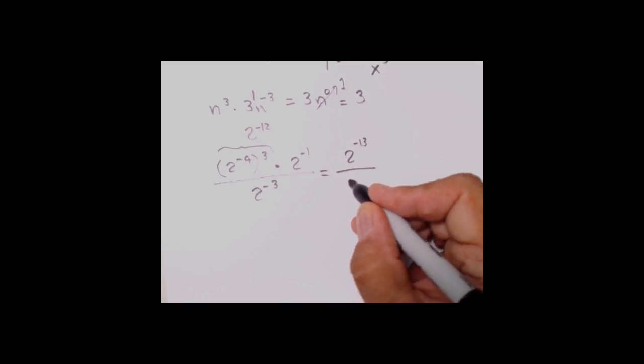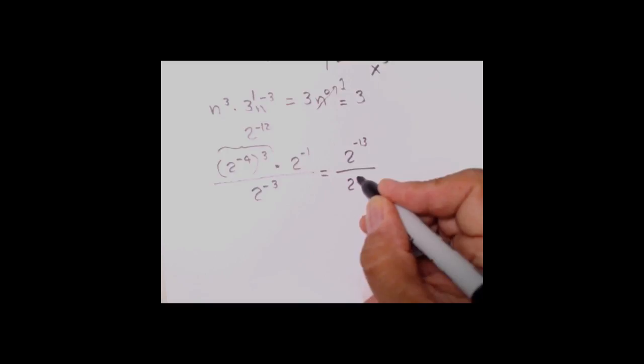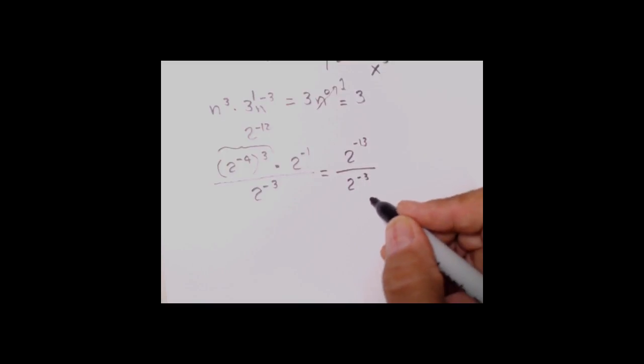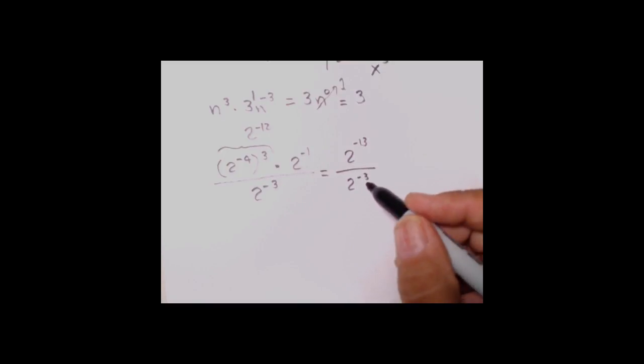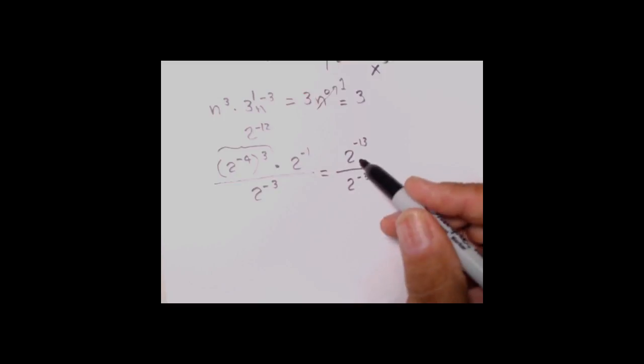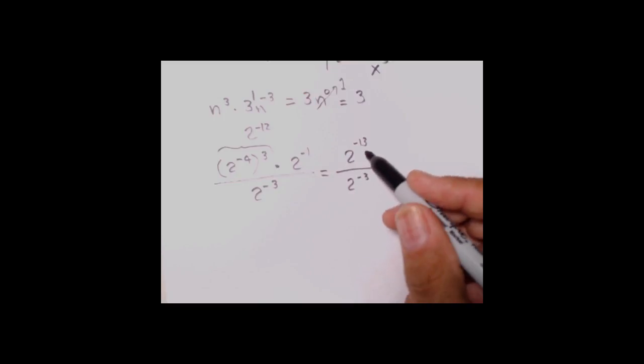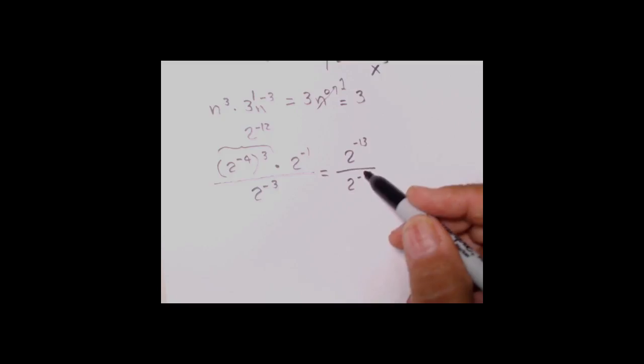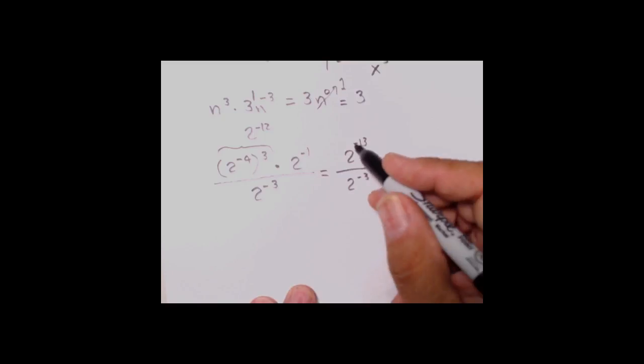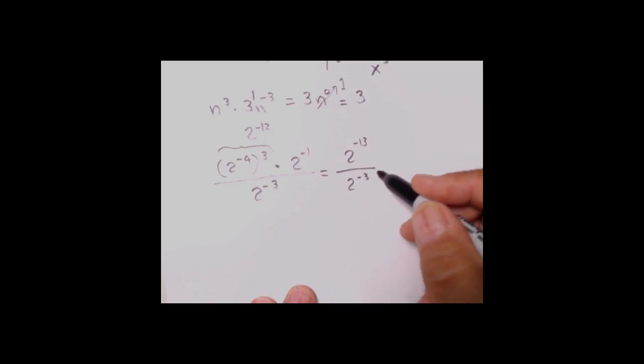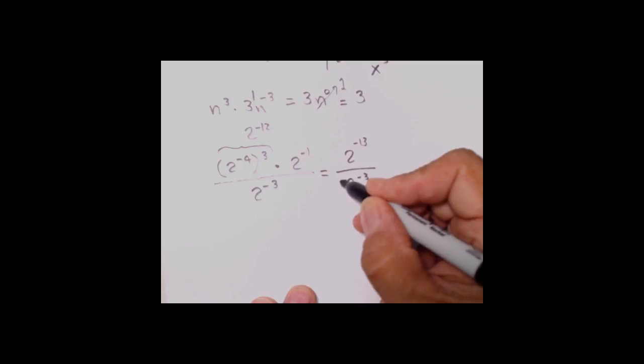Okay, downstairs I've got 2 to the negative 3. Okay, now I would not suggest that you try and reduce these negative exponents. I goof that up so much that here's what I do all the time. Before I do any reducing, I change all the exponents to positive.